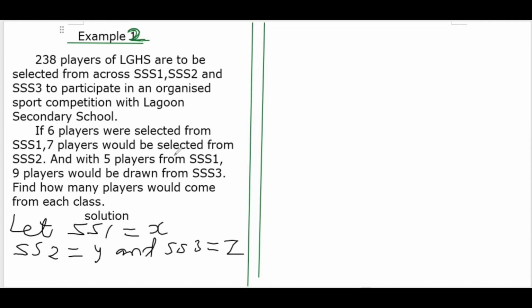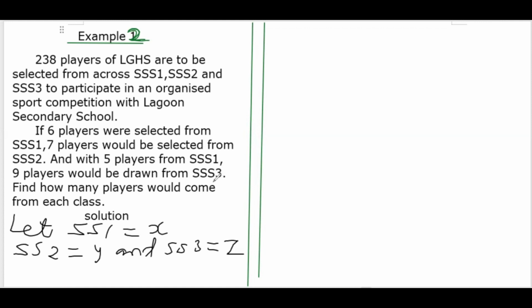But how do we do this? From here, they say if 6 players were selected from SS1, 7 will be from SS2. And with 5 players from SS1, 9 will come from SS3.